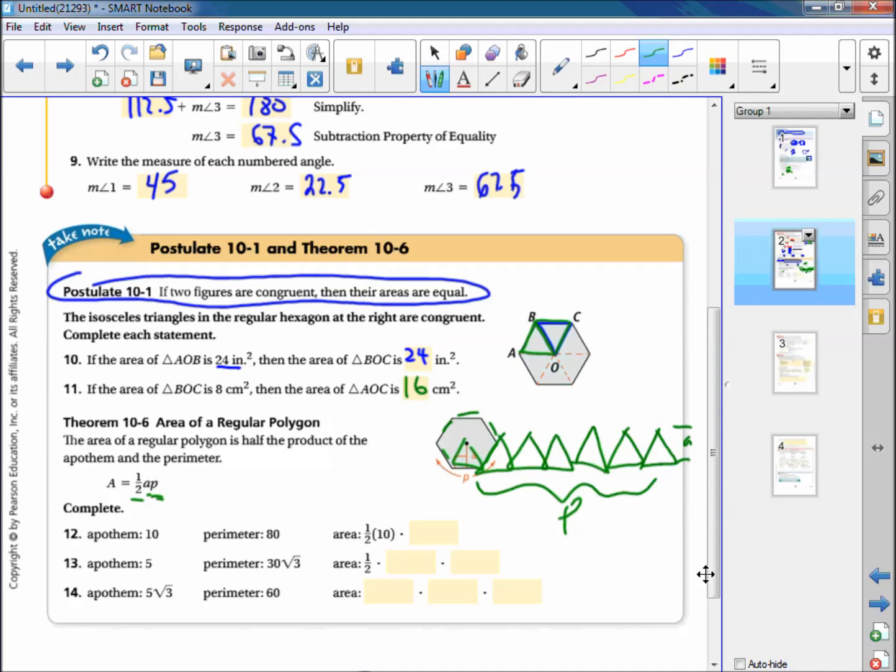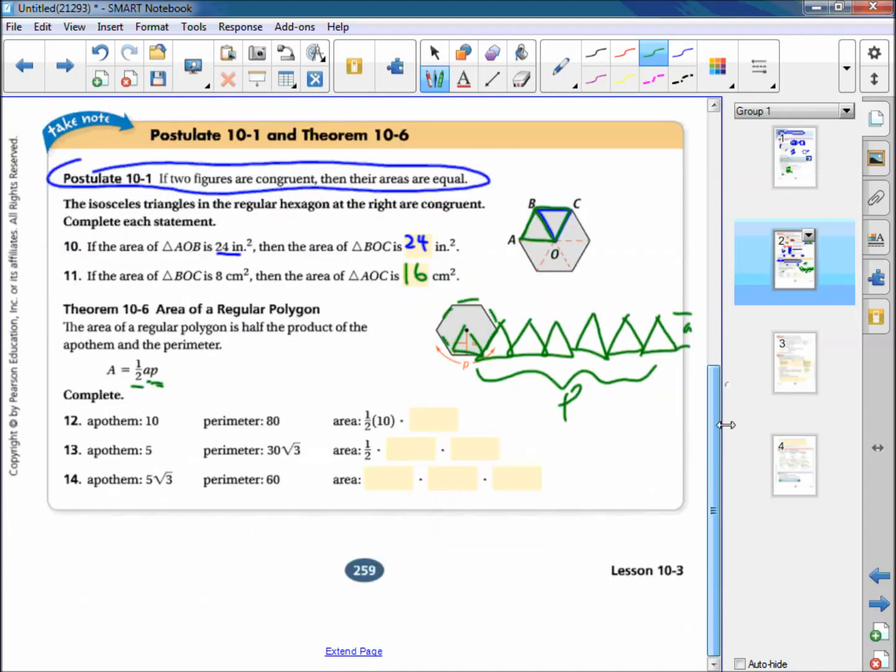All right, so we're going to complete each one of these, find out what's going on. So if the apothem is 10 and the perimeter is 80, then the area would be 1/2 times 10 times 80. Okay. If the apothem was 5 and the perimeter was 30√3, then the area would be 1/2 times 5 times 30√3.